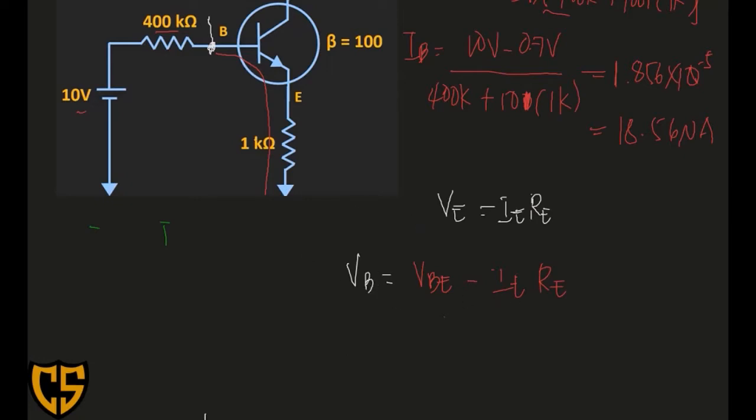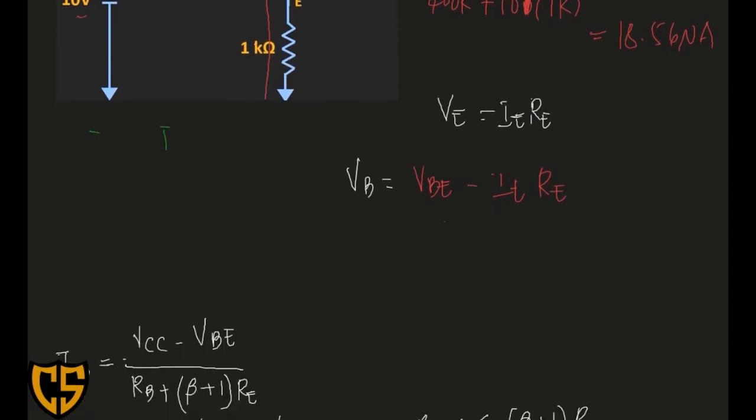Another relationship I want to point out is the value of your VBE. VBE is equal to VB minus VE.